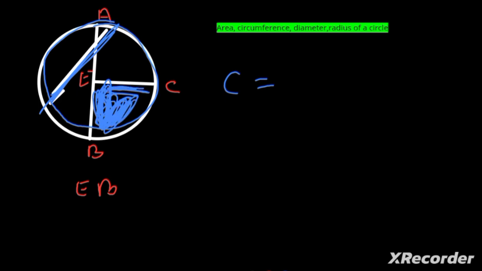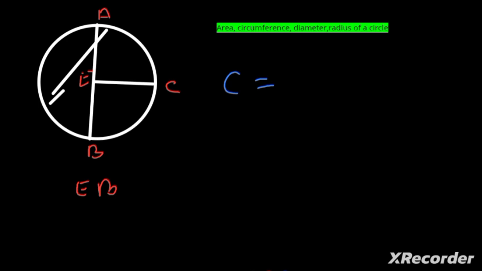The radius and the part of the diameter, or the second radius of the circle, form a shaded region which is known as the sector of the circle. So let's talk about the formulas which are used to find something from something.